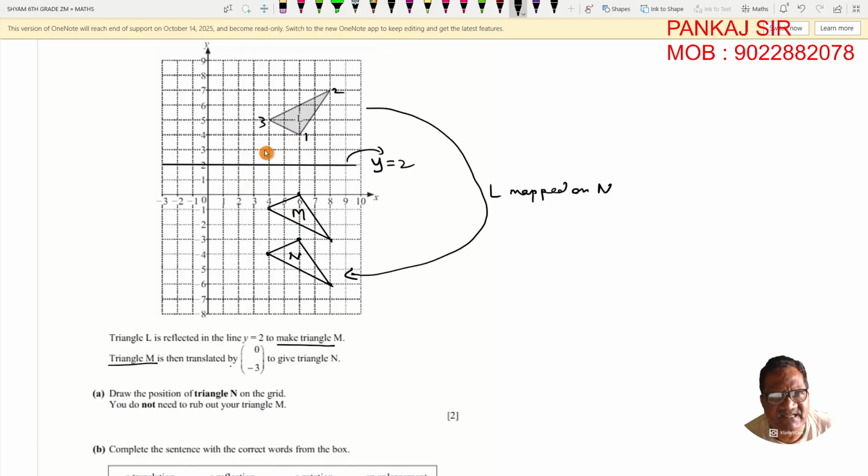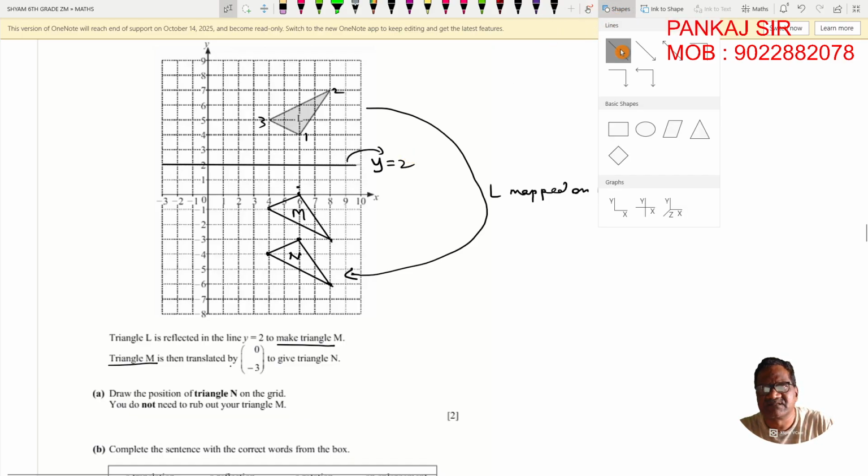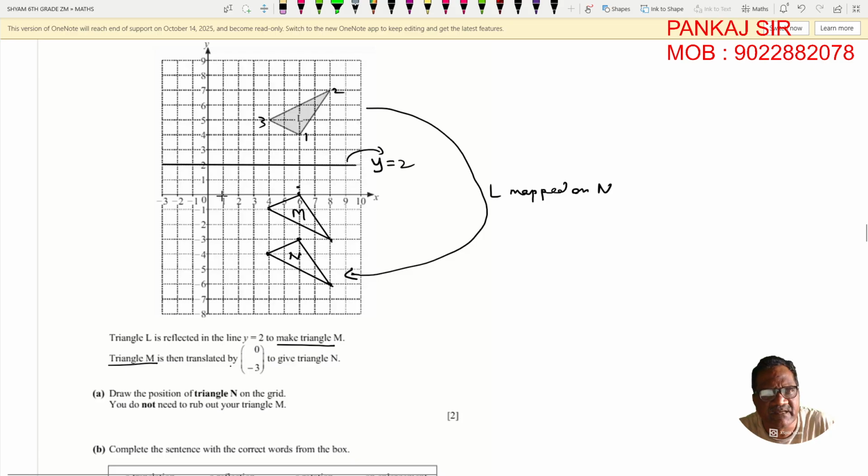So exactly in between this. Okay, so let me go. 7 divided by 2 is 3.5. So 1, 2, 3 and somewhere over here. Okay, so mirror line should be somewhere over here. Okay, this should be the mirror line, right?